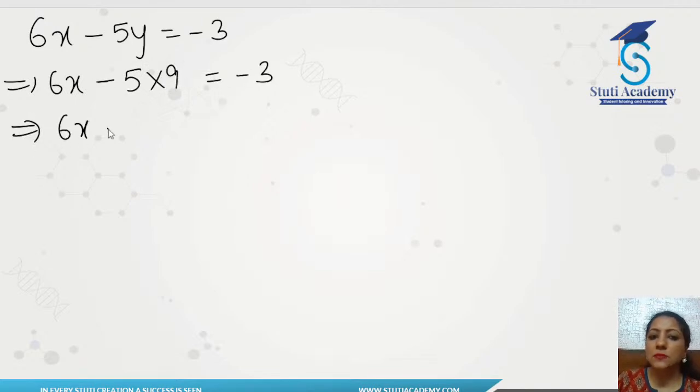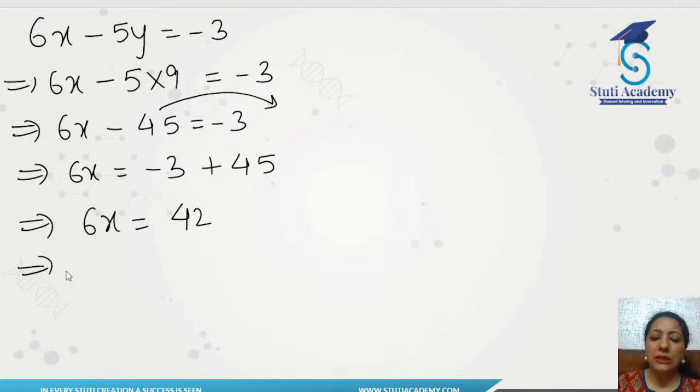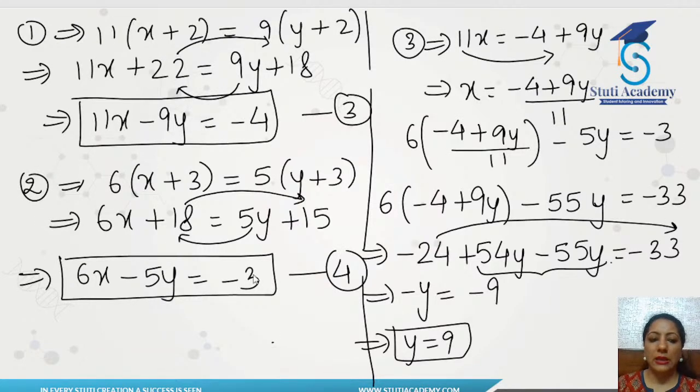We will get 6x minus 45 is equal to minus 3. 45 I'm taking here. This will become positive 45. And then we'll have 6x is equal to 42. Finally, x is 7. 42 over 6, that's 7. So x we have got 7 and y we have got 9.